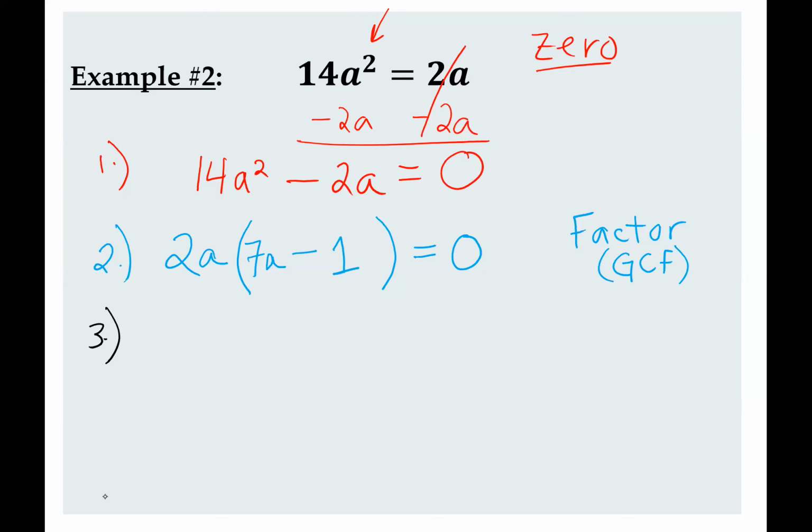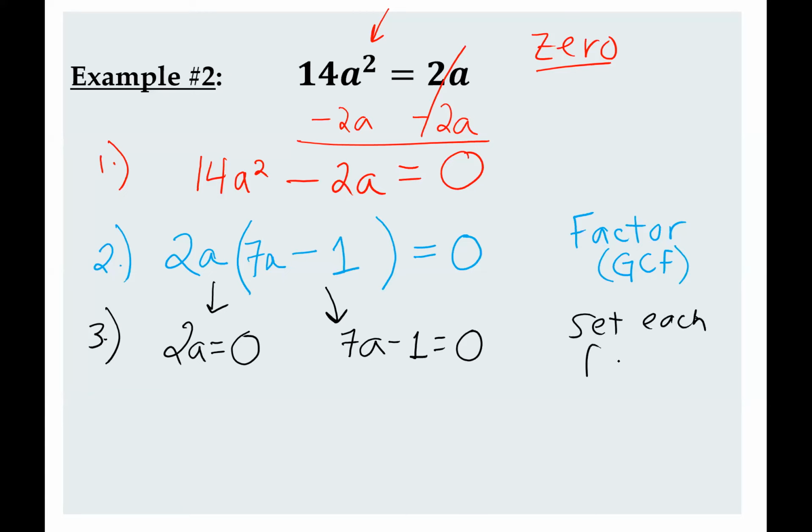So what we can do here is take that first factor, 2a, and set that equal to 0. So 2a equals 0. And then my second equation is 7a minus 1 equals 0. So we're setting each factor equal to 0.